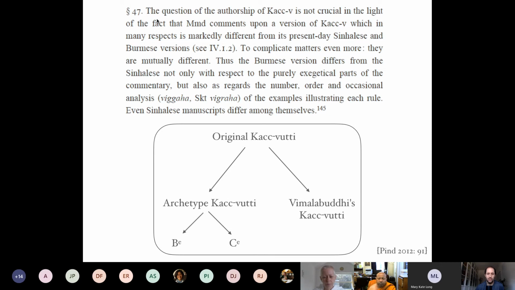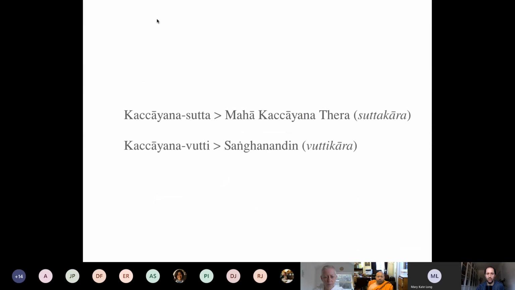If we read the Burmese edition, we will find one text. If we read the Ceylon, Sri Lanka edition, we'll find different readings. And as Ole Pind says, if we went to the manuscripts, the situation would become basically chaos. So that again is a reason not to use too many manuscripts when editing the Kaccāyana, but rather to look at the commentarial tradition and try to understand what is really going on.